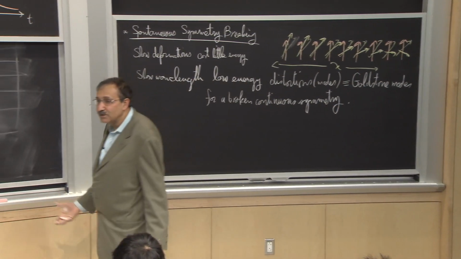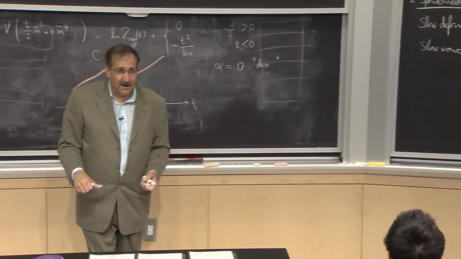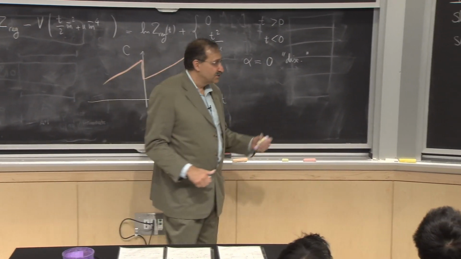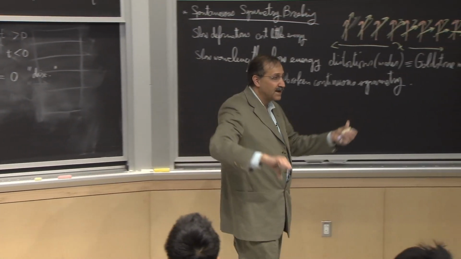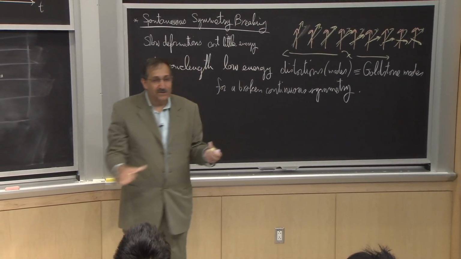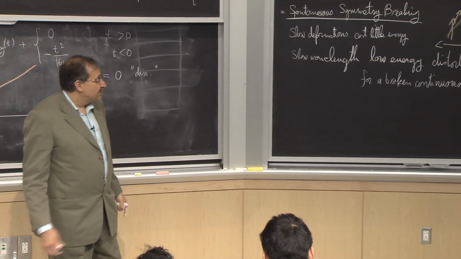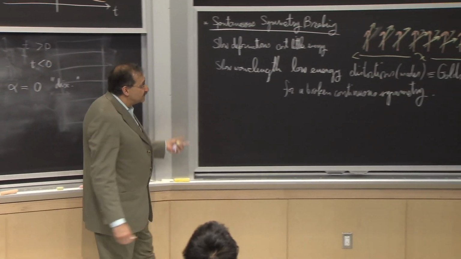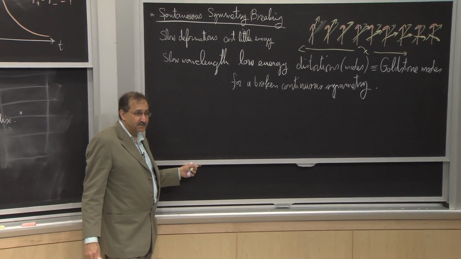But if I had the liquid gas system, the density was either above average or below average. If I had a uniaxial magnet, the spin would be either pointing up or down. Then I can't deform slowly from one to the other. So for discrete symmetries, you don't have these modes. For continuous symmetries, you have these modes.